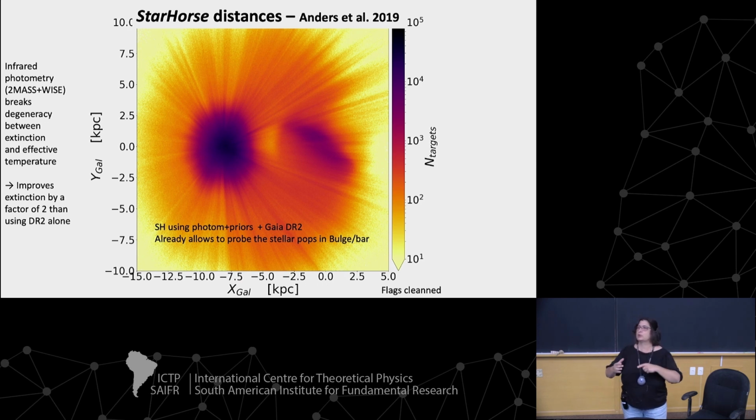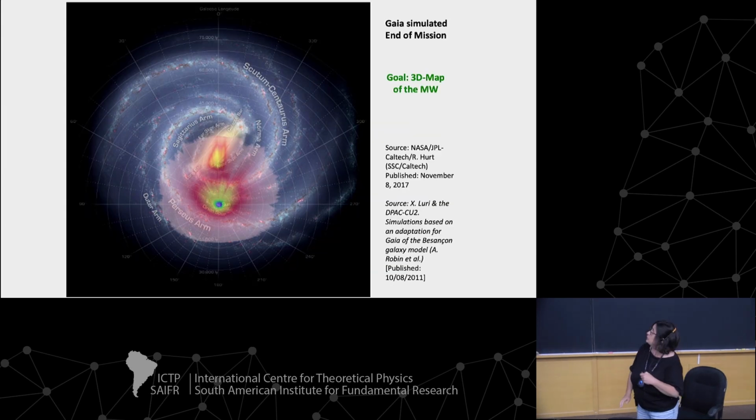Of course, in the beginning, we were worried. There are priors, there are systematics, and this is only possible to do for this data set using only Gaia and photometry. We didn't have spectroscopy. And this data set was made public, and everybody then started using this. Essentially, this is what Gaia expects to cover of the galaxy at the end of the mission, the simulation.